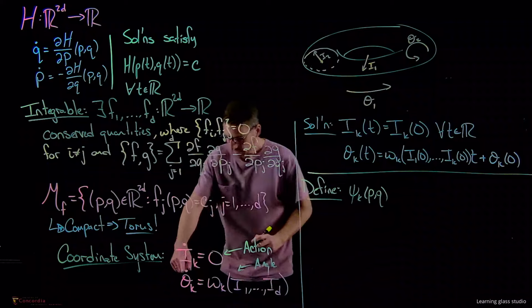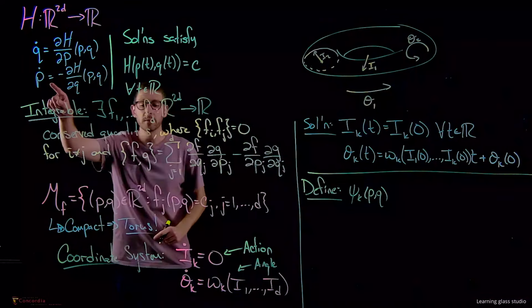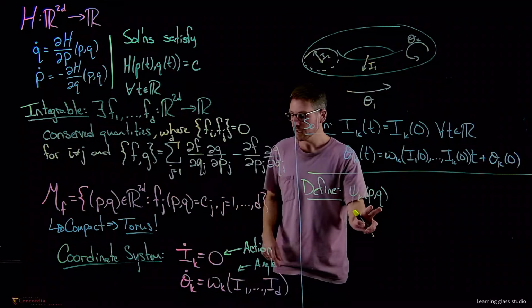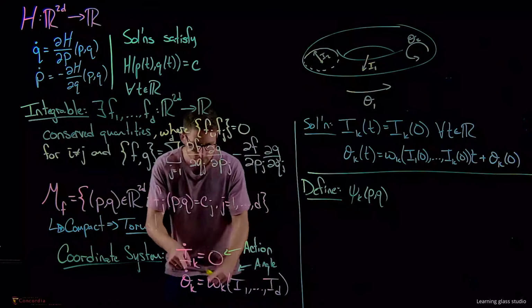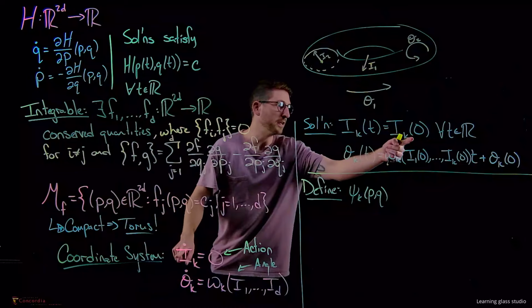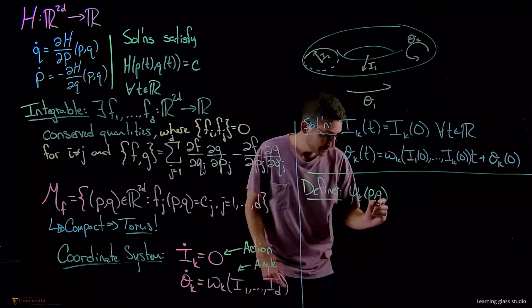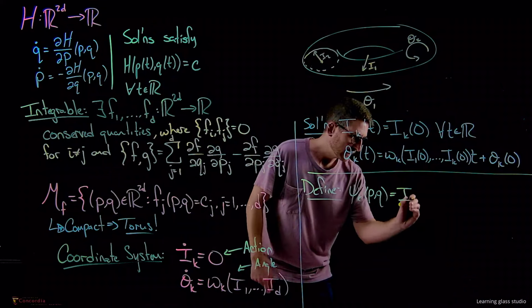Remember, these are coordinate changes from the original system in p and q. So if I was able to say where I started in p and q, I could follow that coordinate change. I could figure out what these initial conditions are as well. And so therefore, I could write it like this.